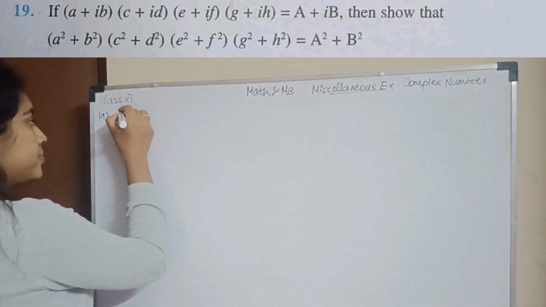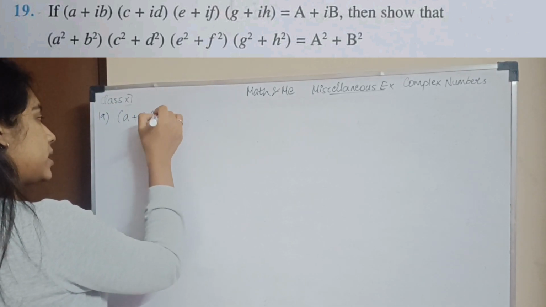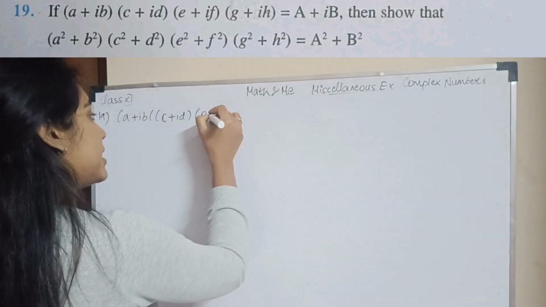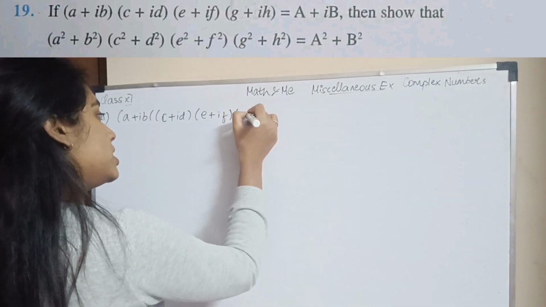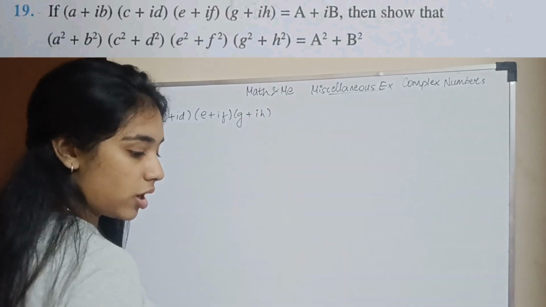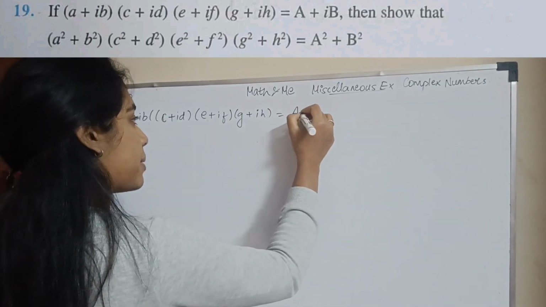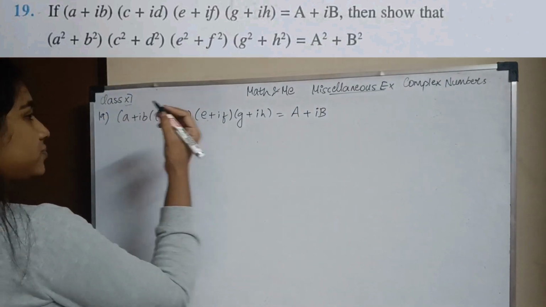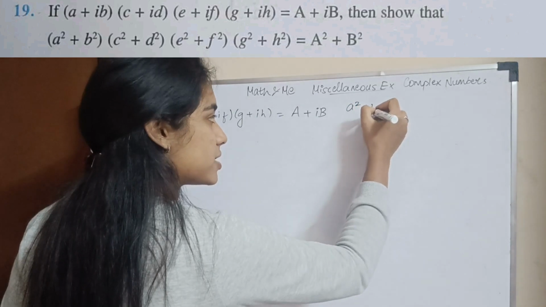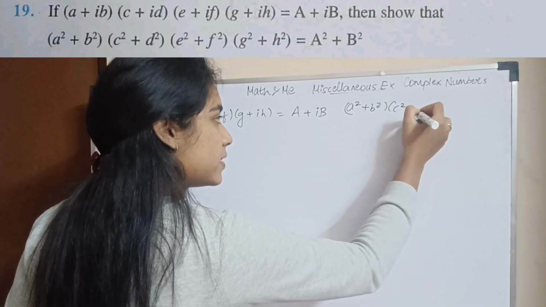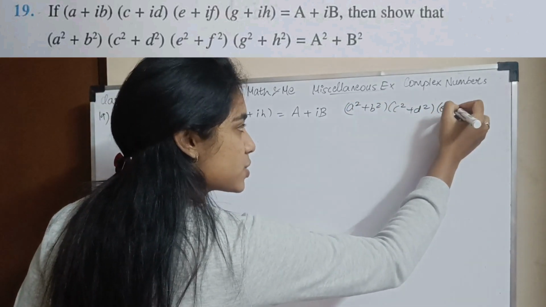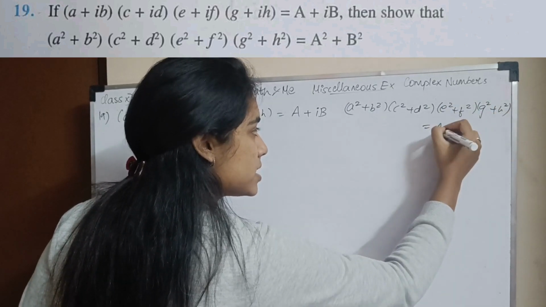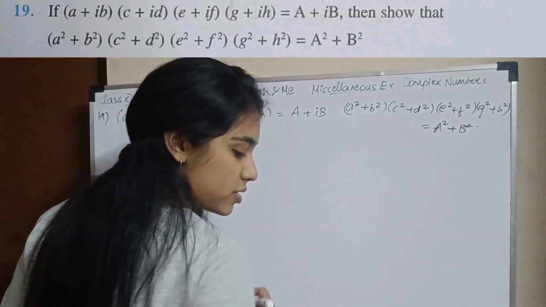Question number 19. If (a + ib)(c + id)(e + if)(g + ih) = A + iB, show that (a² + b²)(c² + d²)(e² + f²)(g² + h²) = A² + B². So what do we see here?